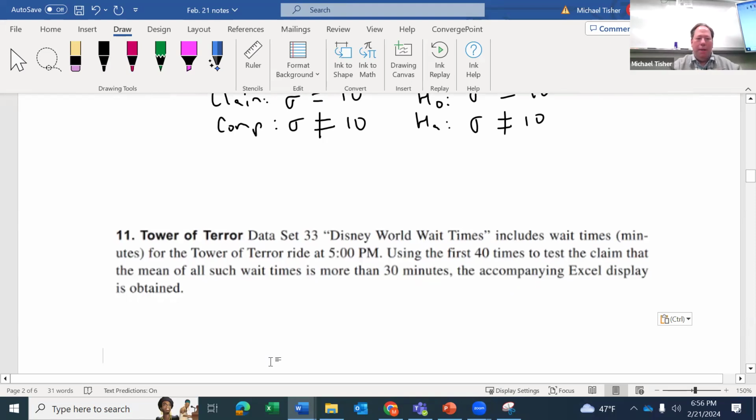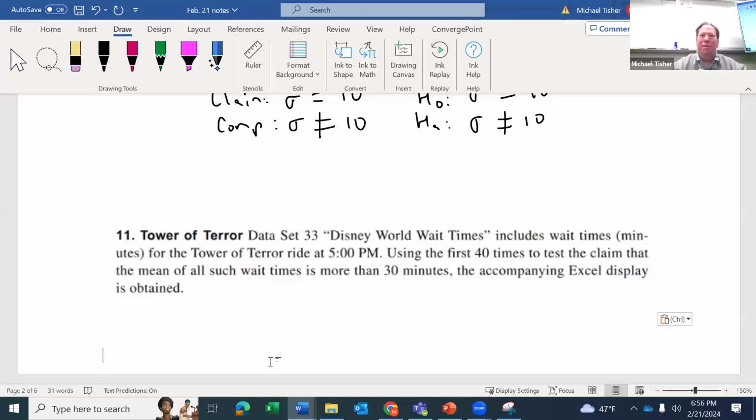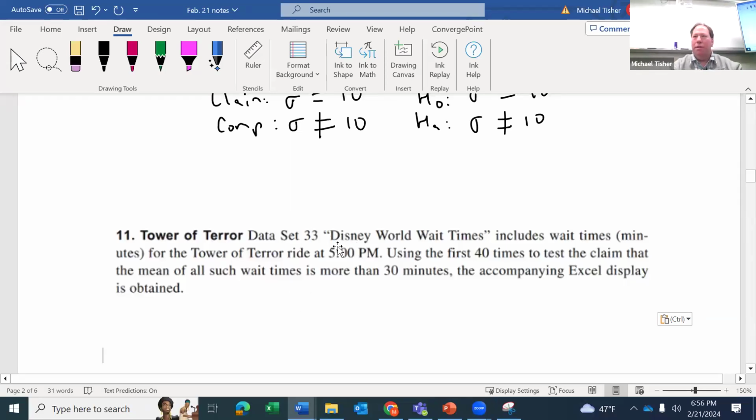We claim that the mean of Disney World wait times is more than 30 minutes. Is that true, do y'all think? It's true? Probably is, right? Now to do this, they give us some data here that's going to be in StatCrunch. So let's go to StatCrunch and look up the Disney World wait times.